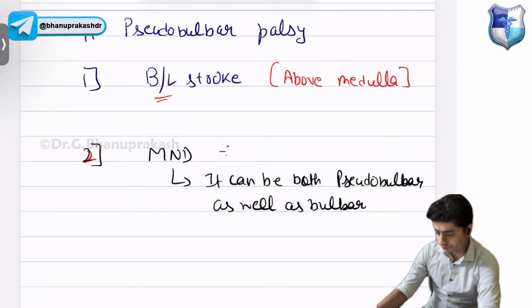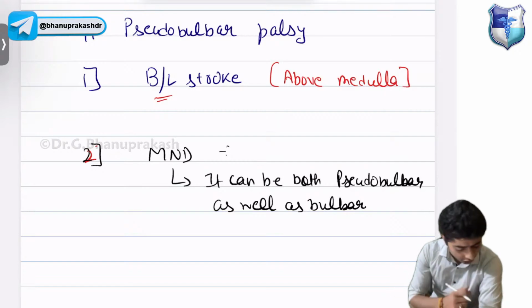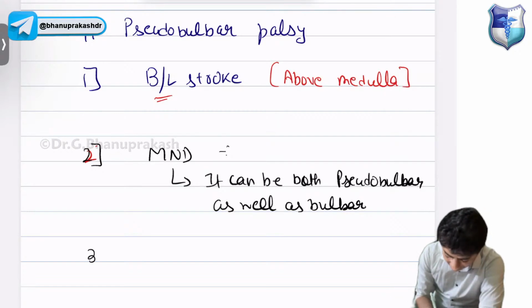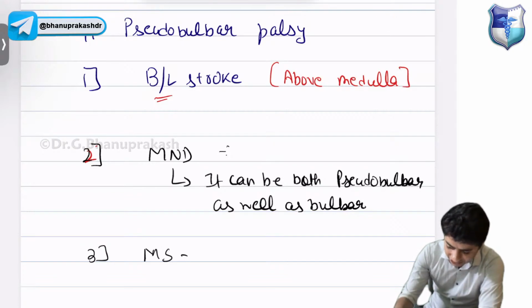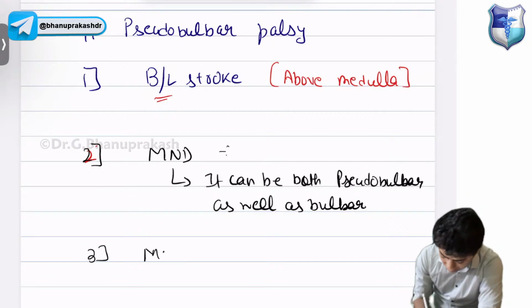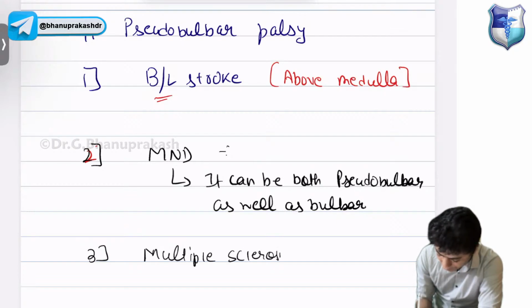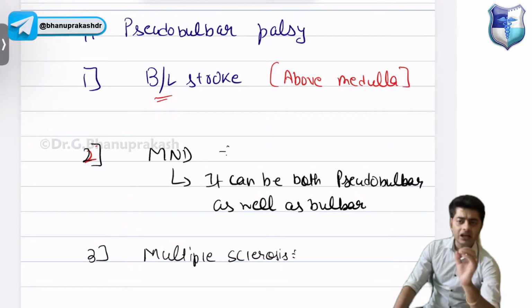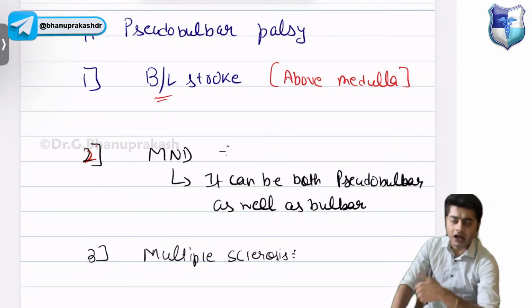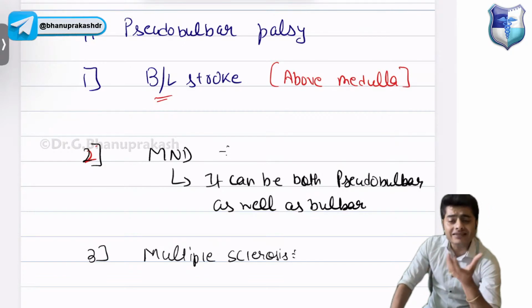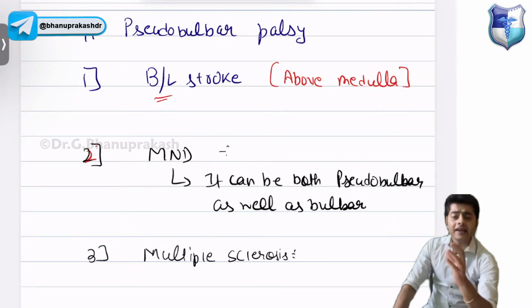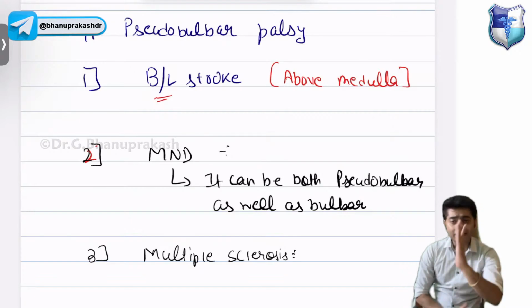Okay. Other thing. Now, Shirley was saying to us that it can be multiple sclerosis also. In this class we also have to discuss multiple sclerosis, so I will just give you an overview. After completing pseudobulbar and bulbar, we will discuss multiple sclerosis. In multiple sclerosis, there is demyelination of the central nervous system.